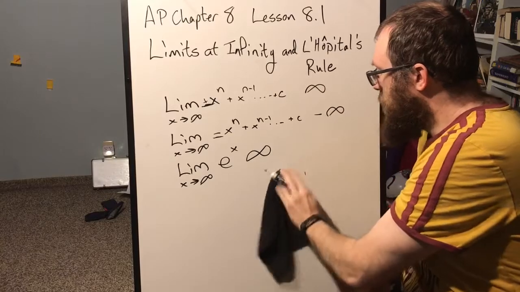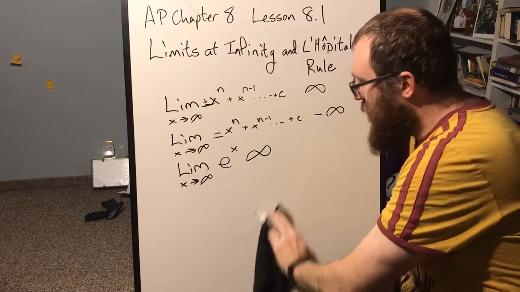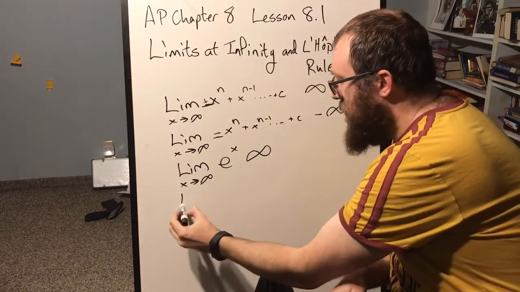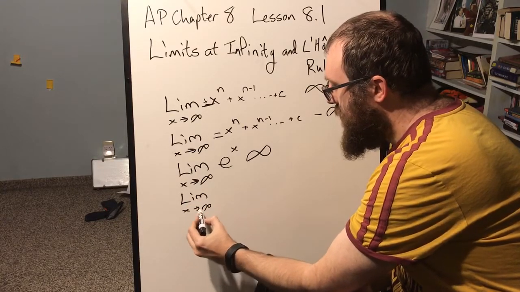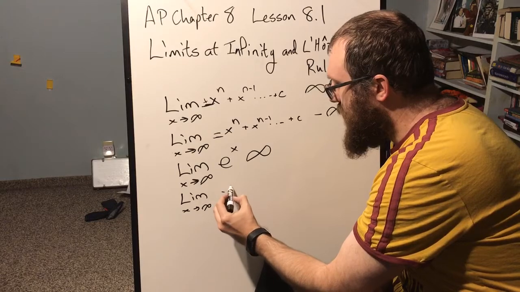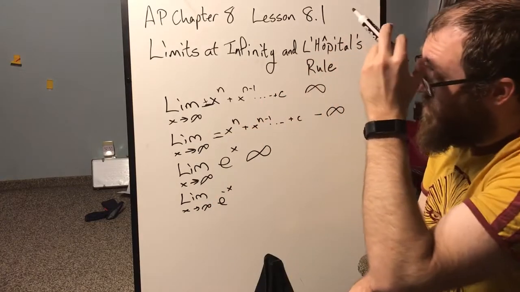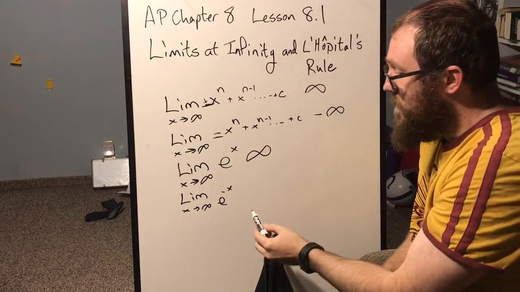Now let's re-talk about the one that we were working on earlier. What about the limit as x approaches infinity of e to the negative x, which is any exponential decay function?